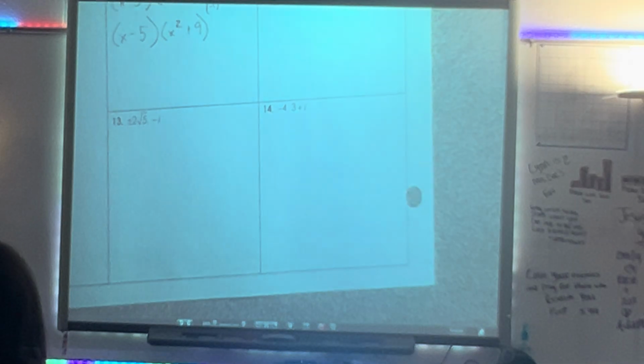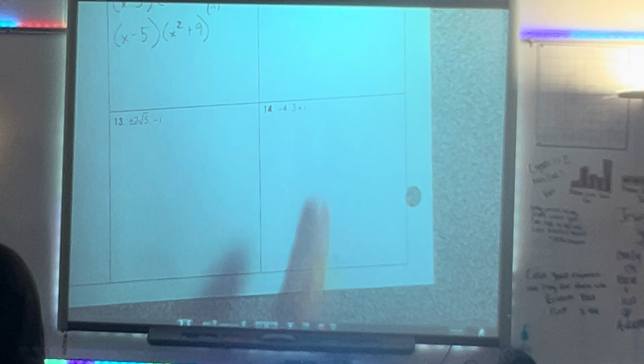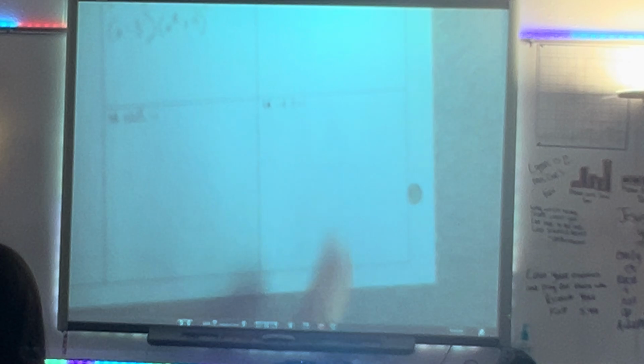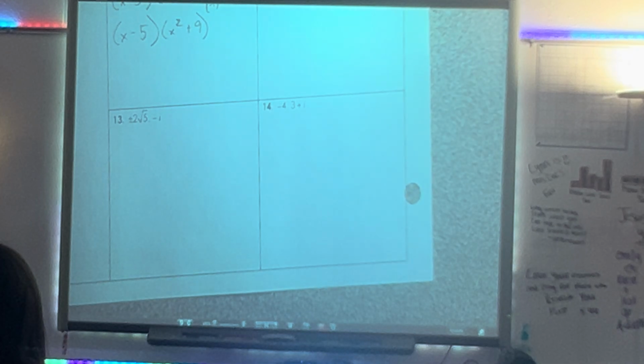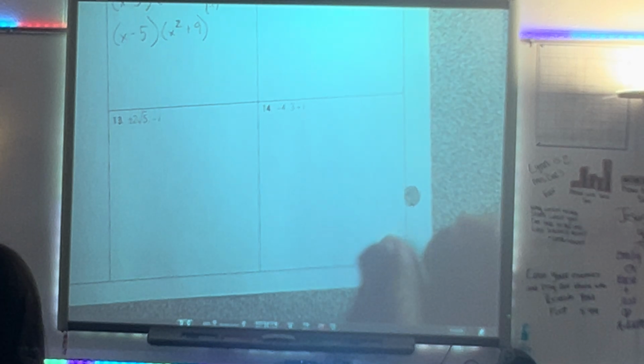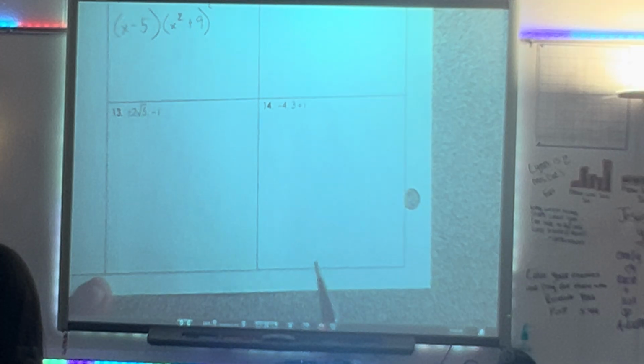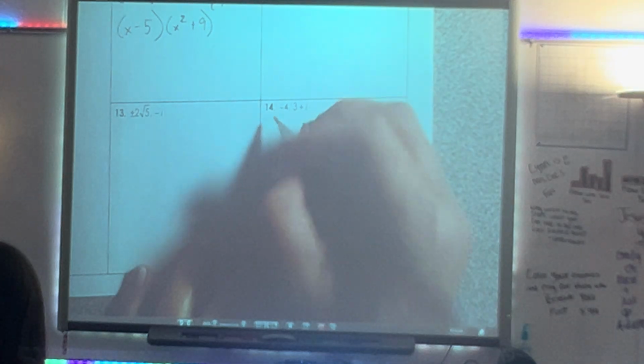So let's take a look here. I'm going to do this one here. It's going to be kind of messy like that one on the other side, so it's going to take a lot of space. So if you need both blocks because you write bigger, use both blocks out here.